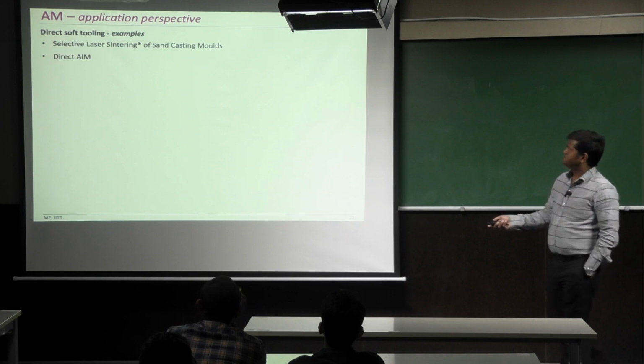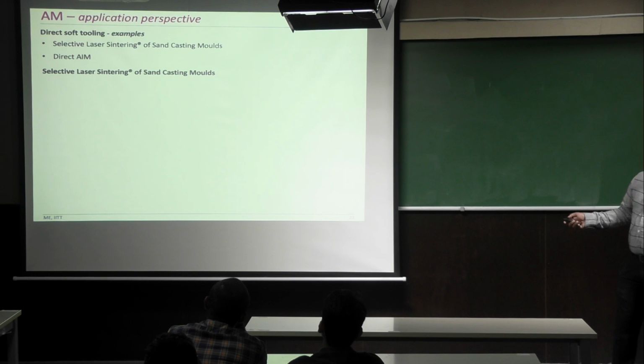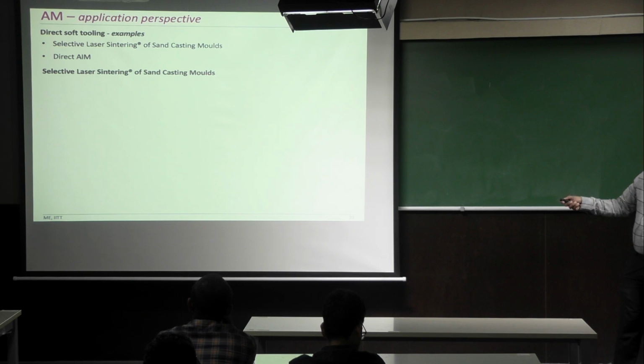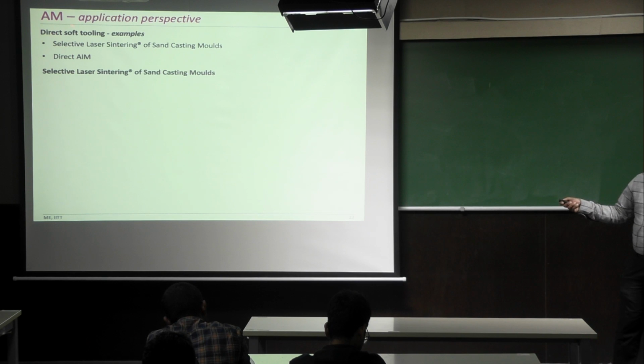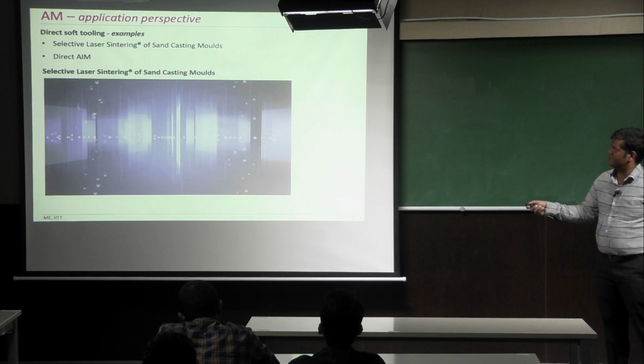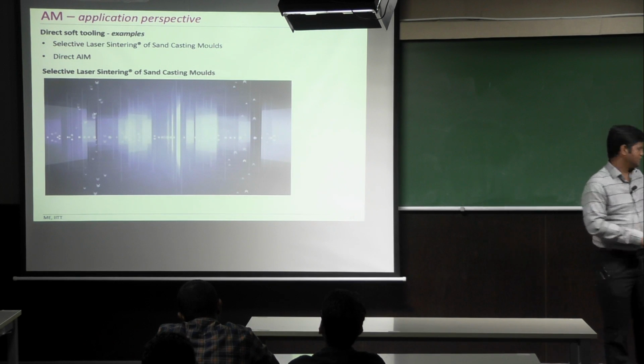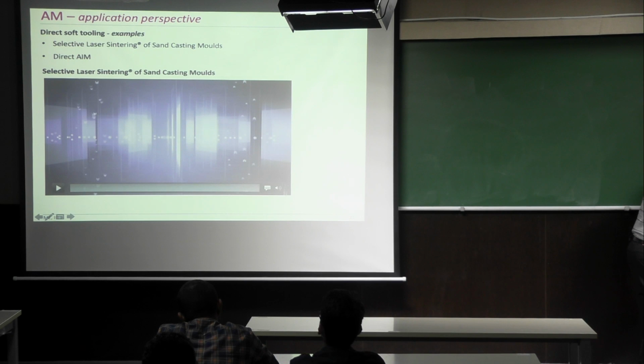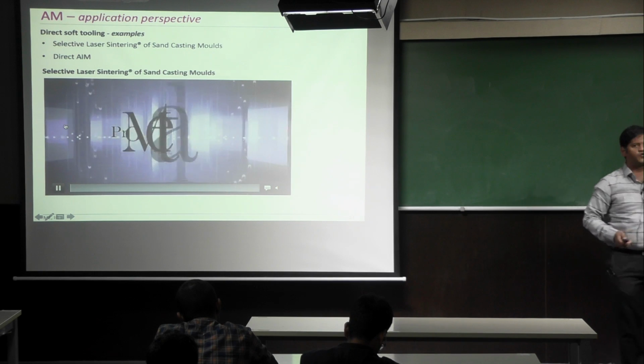The direct soft tooling examples are selective laser sintering of sand casting molds, which we have seen in the last slide, and direct AIM. So let's see the selective laser sintering of sand casting molds. This video demonstrates this example of direct soft tooling.